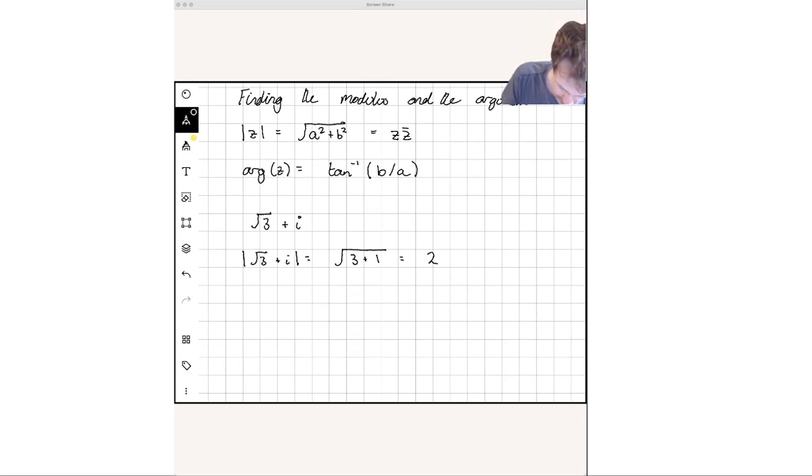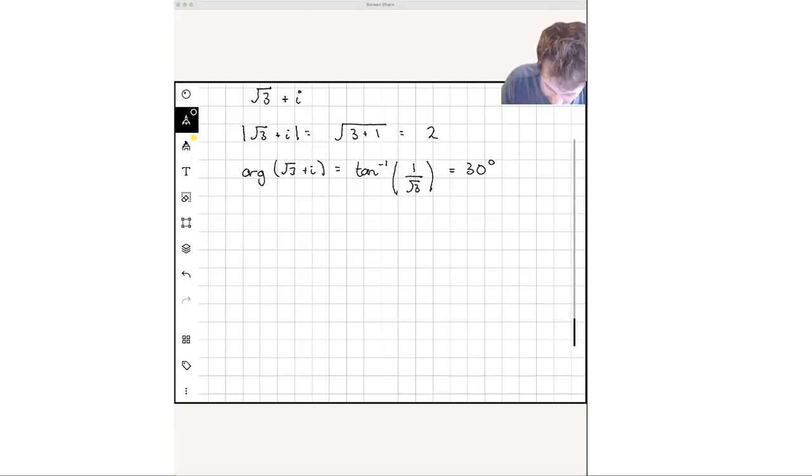Then, if we work out the argument of the square root of 3 plus i, it is going to be the inverse tan of 1 over root 3, which is just 30 degrees. So that tells us we can represent this complex number with an arrow, and the arrow is going to make an angle of 30 degrees and have length 2.